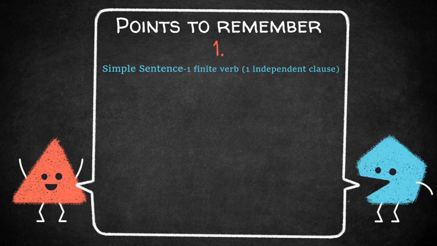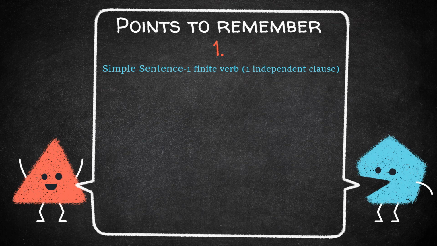So, you have to remember that here we are talking about only one finite verb. So, any sentence with only one finite verb can be termed as a simple sentence. You must also know that a sentence with one finite verb can also be called an independent clause.